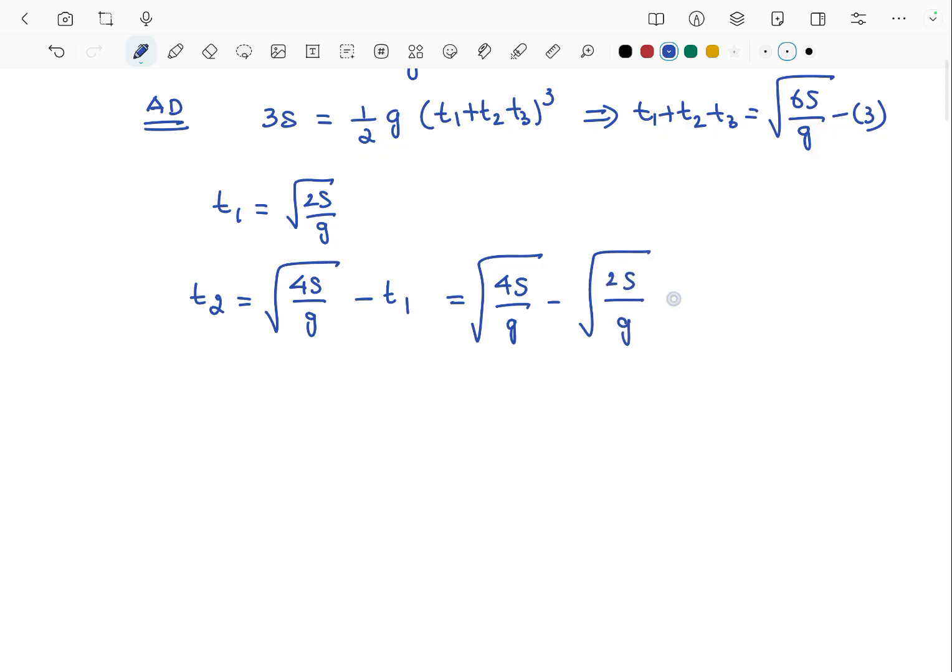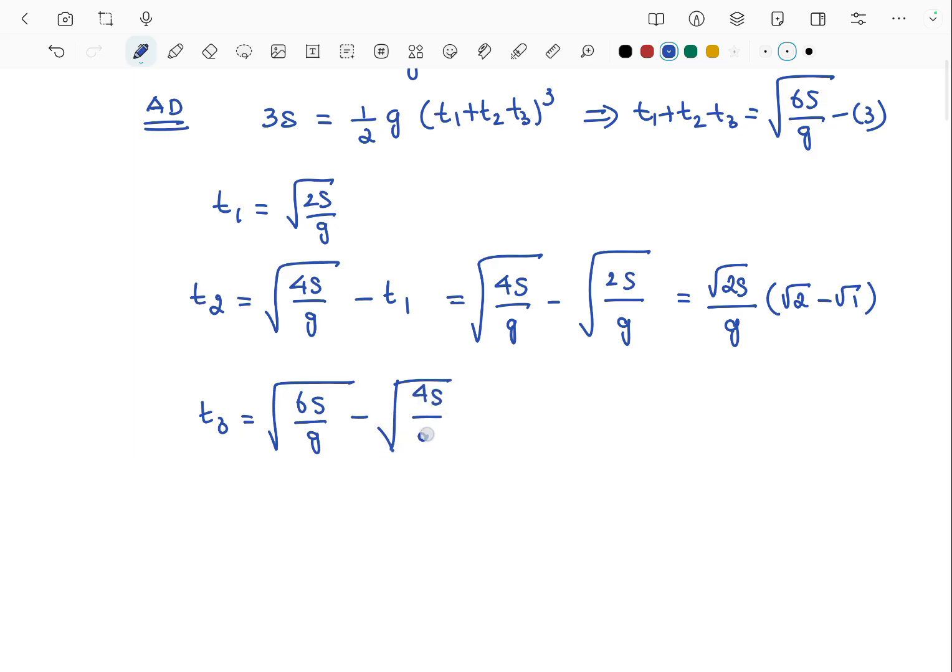Or else I can take common square root of 2S by g into (root 2 minus root 1). Similarly, I can also write T3. T3 will be equal to square root of 6S by g minus square root of 4S by g, which can also be reduced as square root of 2S by g into (root 3 minus root 2).